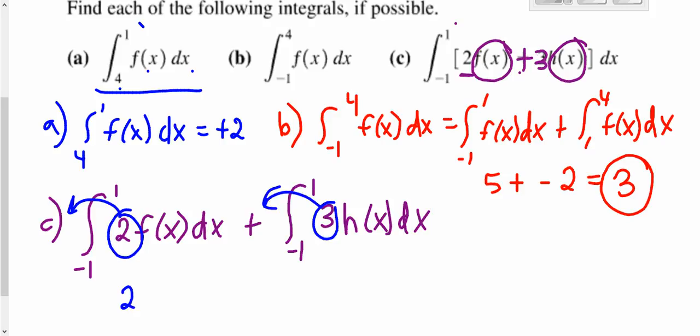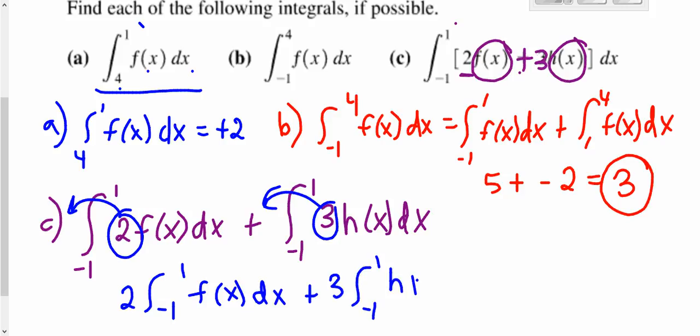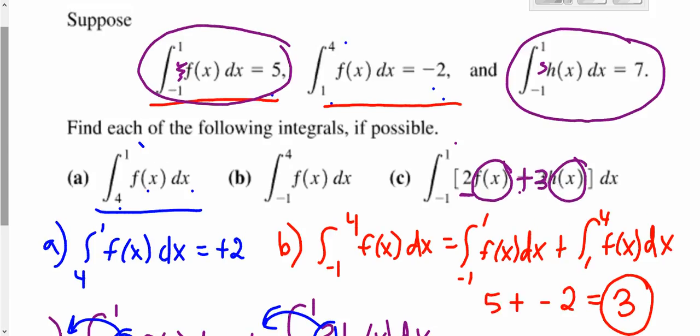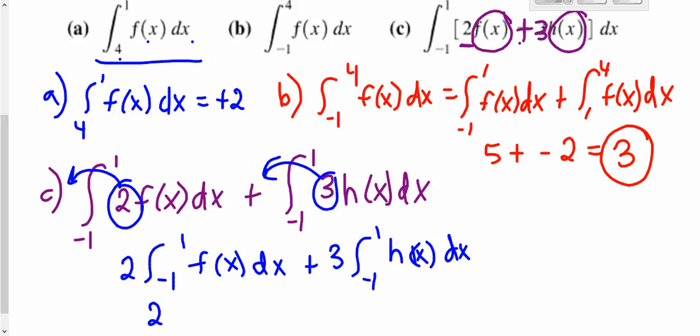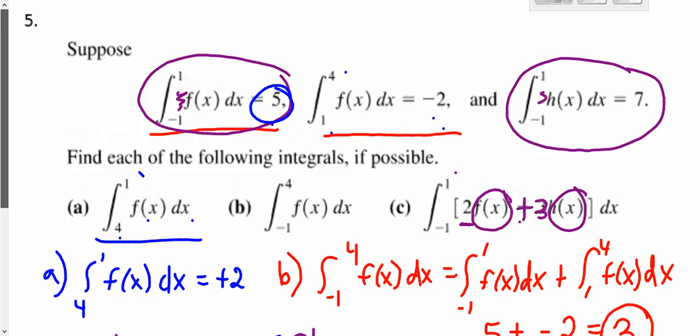So we can write this as 2 times -1 to 1 f of x dx plus 3 times the integral from -1 to 1 of h of x dx. When we look up here, -1 to 1 f of x dx is 5. So this is 2 times 5 plus 3 times -1 to 1 h of x is 7.